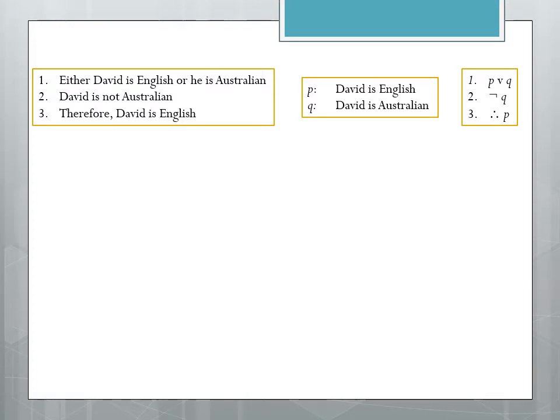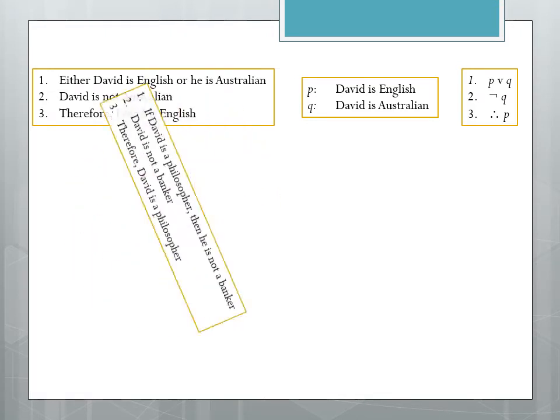So since our simple sentence David is English is denoted with P, then we can complete this translation with our three dots followed by the letter P. So what we now have is a translation of an entire argument from English into the symbolic language.